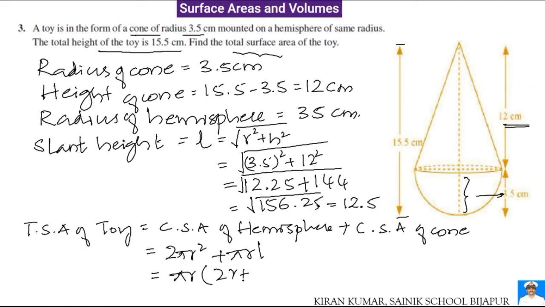We get pi r into (2r plus l). This will be equal to 22 upon 7 into 3.5 into (2r is 7 plus l is 12.5). We get 7 plus 12.5 as 19.5.